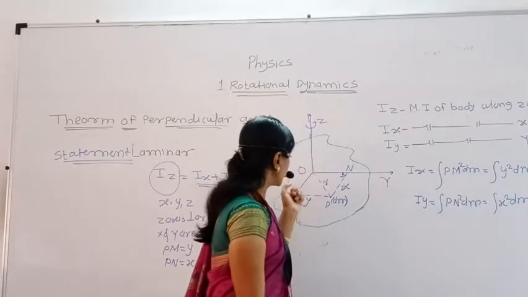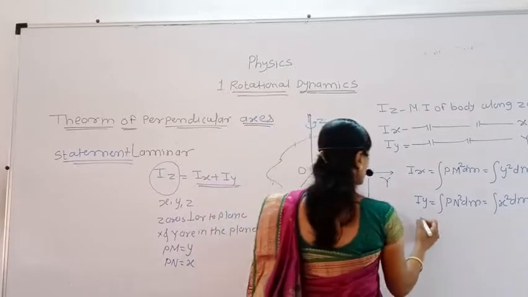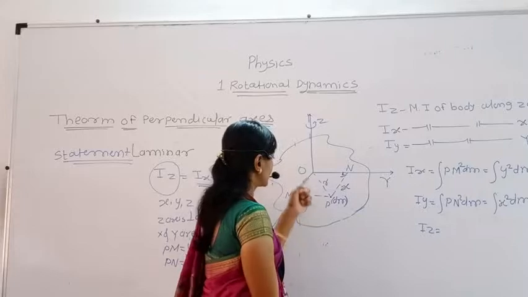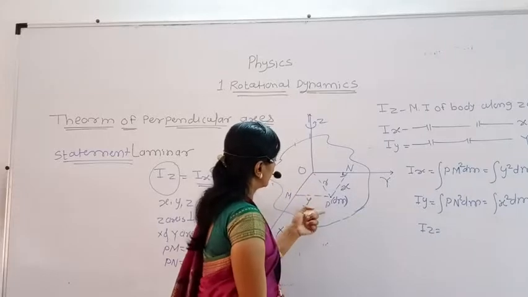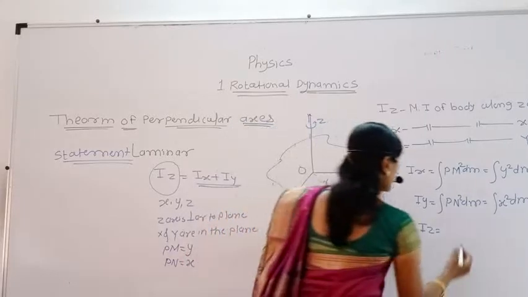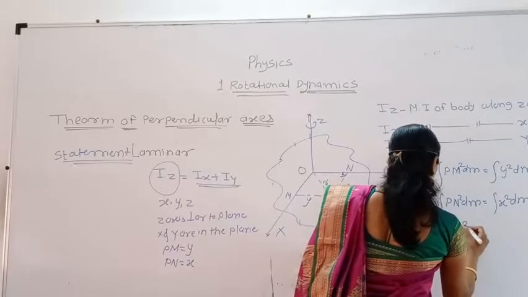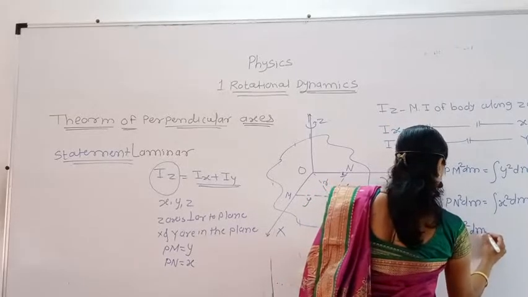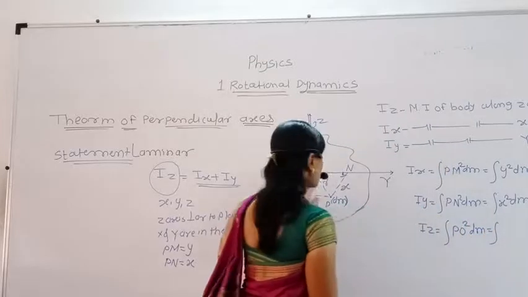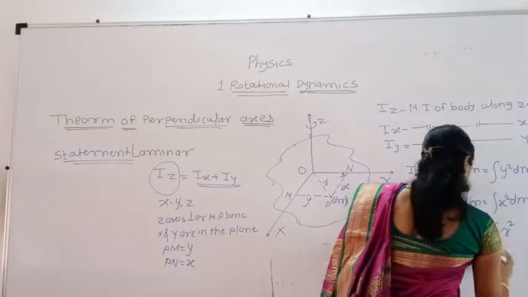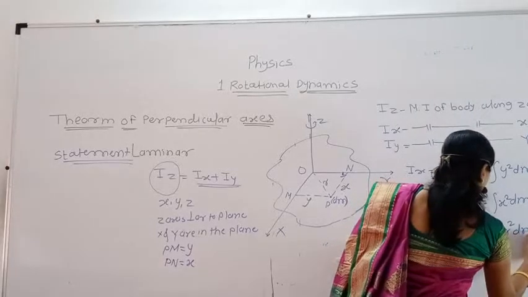Similarly, here also we can find the value of Iz, the moment of inertia along the z axis. Here we are getting integration of OP square into dm, where OP square is equal to r square, so it is integration of r square into dm.